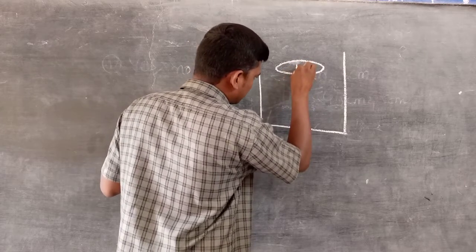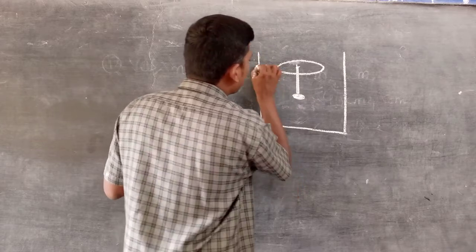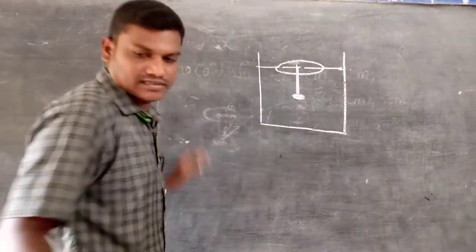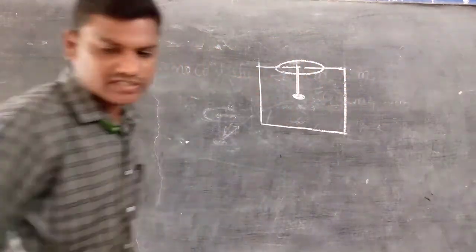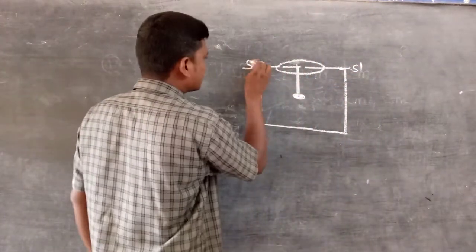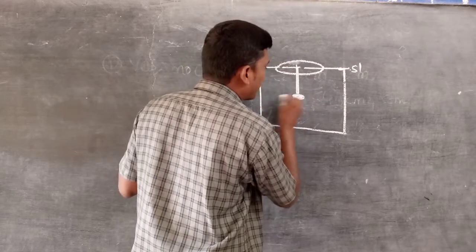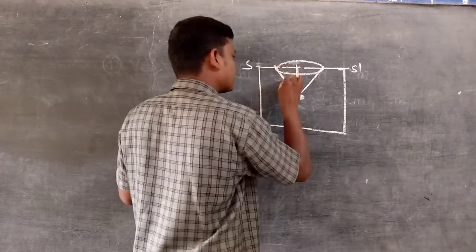From the center, it is the head of the needle. From the head of the needle, it is the surface of the water. We have mentioned that here: the surface of the water, S dash S. Now in this one, it is the head of the needle. We consider that surface like this.